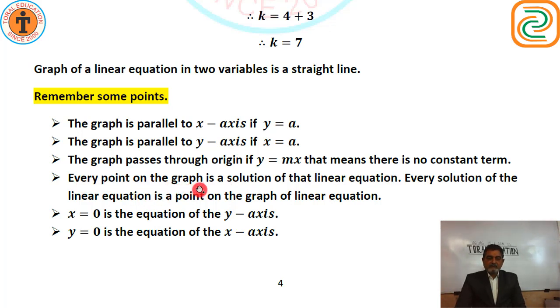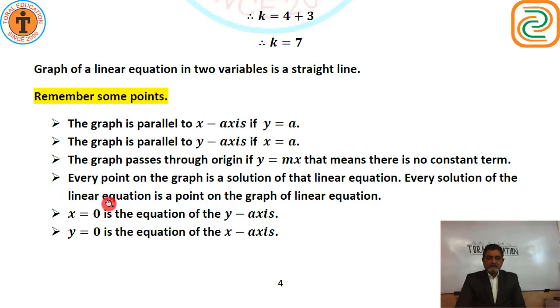Every point on the graph is a solution of that linear equation. Every solution of the linear equation is a point on the graph of the linear equation. If we draw a graph, there is a straight line, and every point on the straight line is a solution of the linear equation. x equals 0 is the equation of the y-axis.